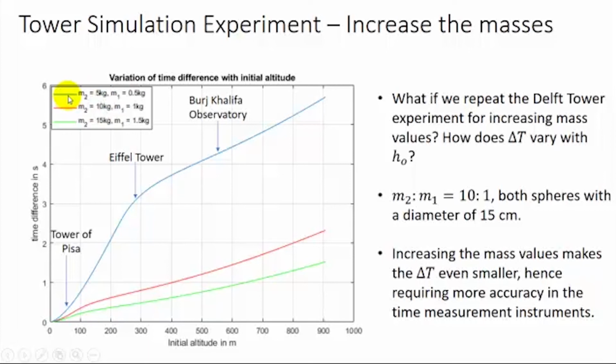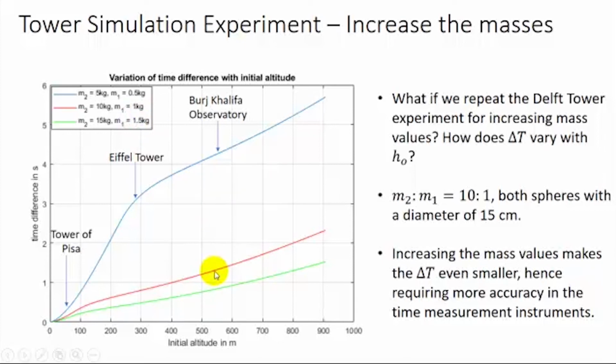The blue case corresponds to the previous case, where the masses are 5 kilograms and 0.5. The red line corresponds to the cases where the masses are 10 kilograms and 1 kilogram. The green line corresponds to the case where the masses are 15 and 1.5 kilograms.